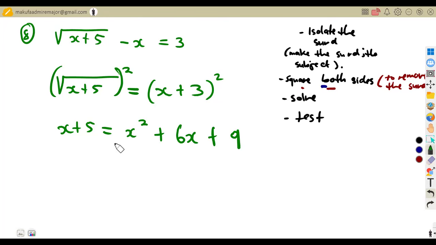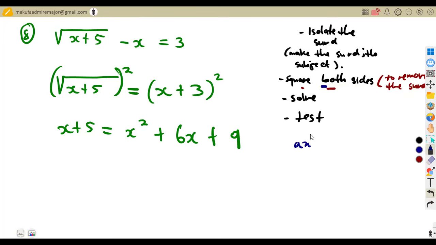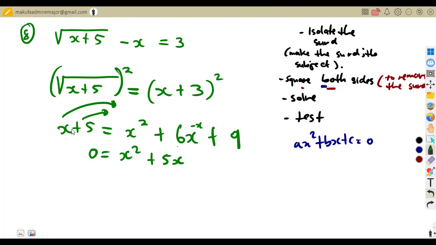All right, since this is a quadratic equation that we know, one of the sides must be equal to 0 from the concept ax squared plus bx plus c is equal to 0. So you can transpose all these terms. So that's 0 is equal to x squared. Transpose x this side, it becomes a minus x. So 6x minus x, that is going to be a 5x. Transpose the 5 this side, it was a positive 5.